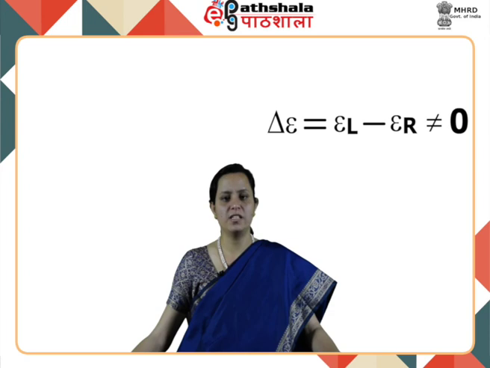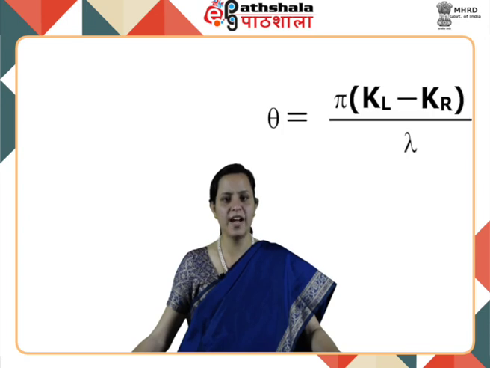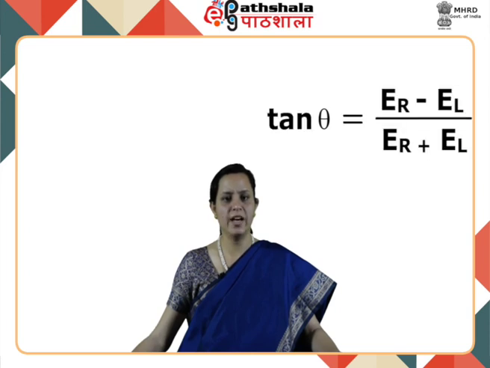Delta epsilon is equal to epsilon L minus epsilon R, which is not equal to 0, and the angle of ellipticity theta is defined as theta equals pi times kappa L minus kappa R divided by lambda, where tan theta equals ER minus EL divided by ER plus EL, and kappa is the absorption index.